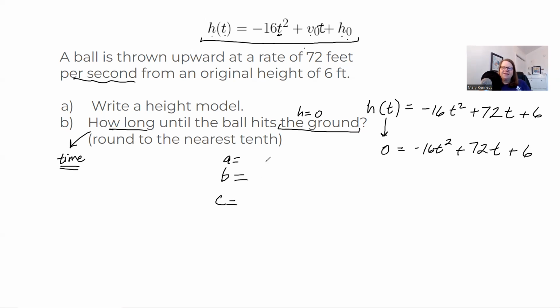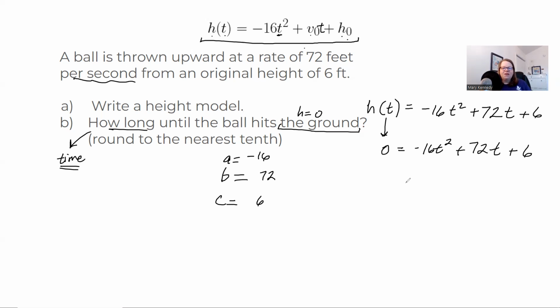And remember, this is in standard form. So A is -16, B is 72, and C is 6. And the quadratic formula, if you need a copy of that, it's on my formula sheet. There will be a link. It's right here in your Algebra Student dashboard. So let's see.